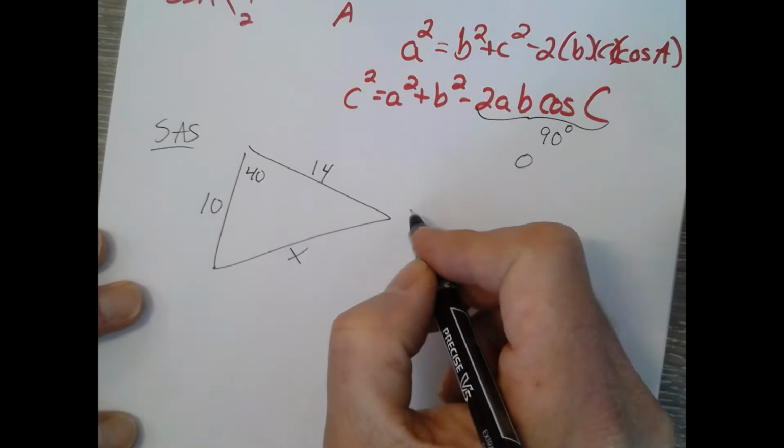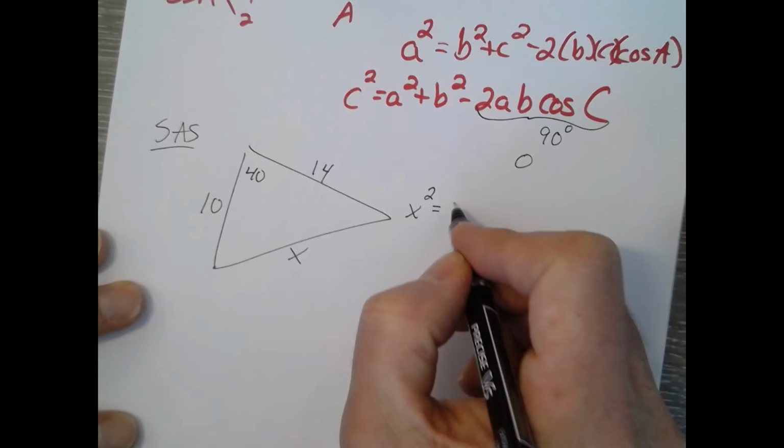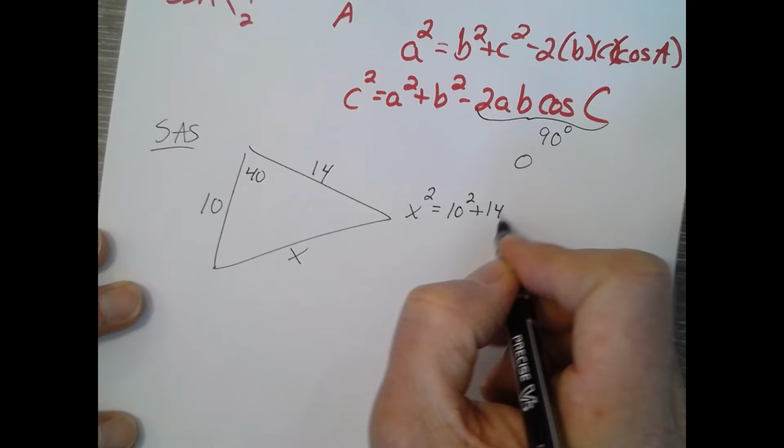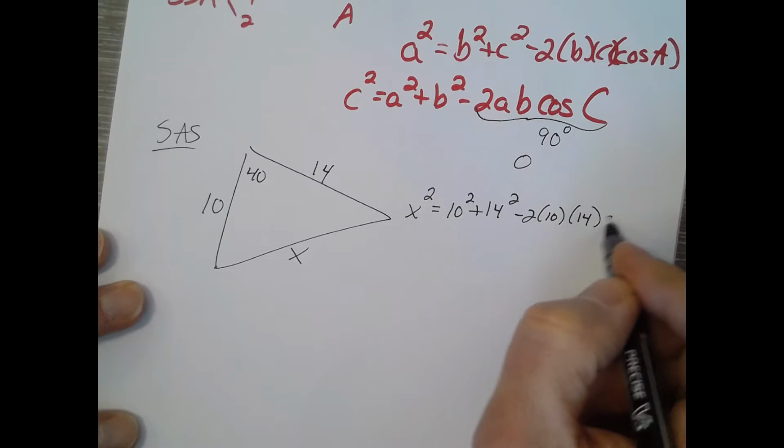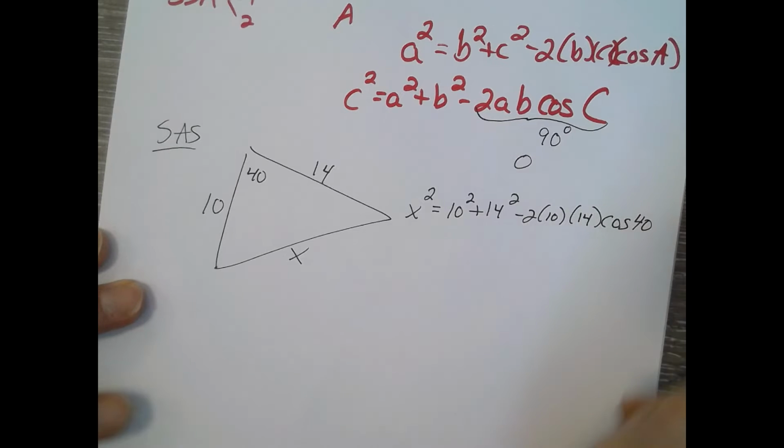So then x squared equals 10 squared plus 14 squared minus 2 times 10 times 14 times the cosine of 40. So you just got to know the formula here, and then you could literally type it in. Take a minute to solve for x here. Pause it here.